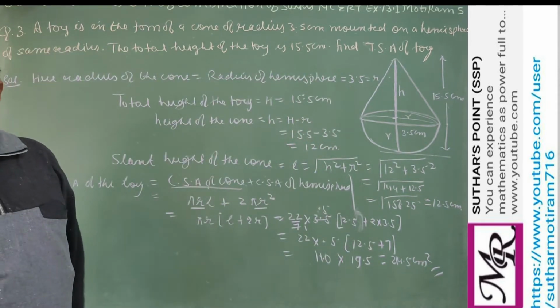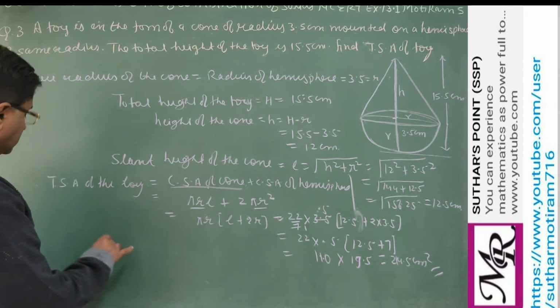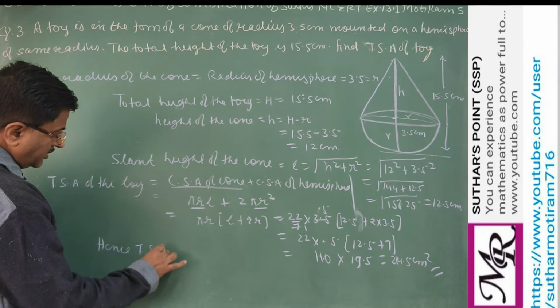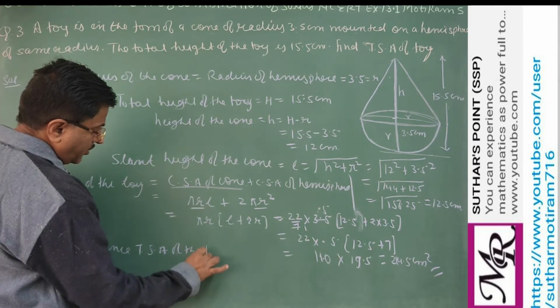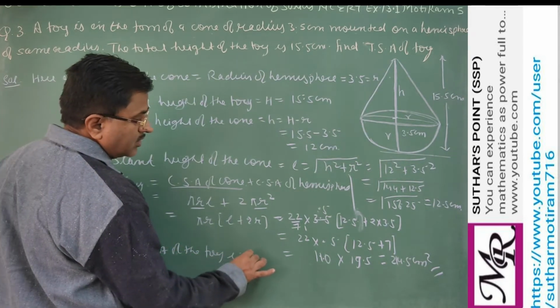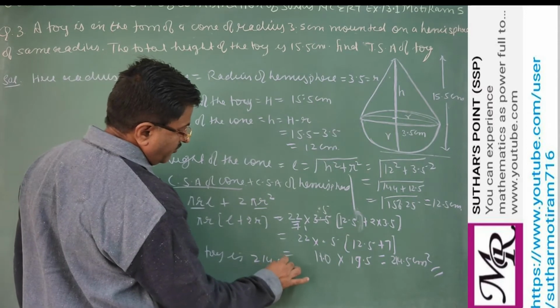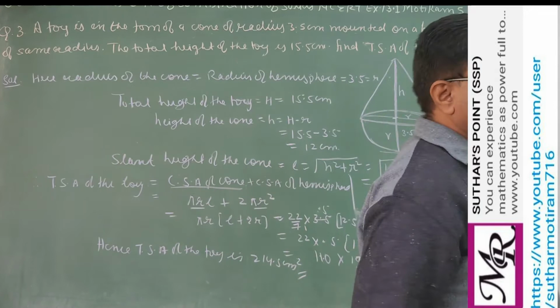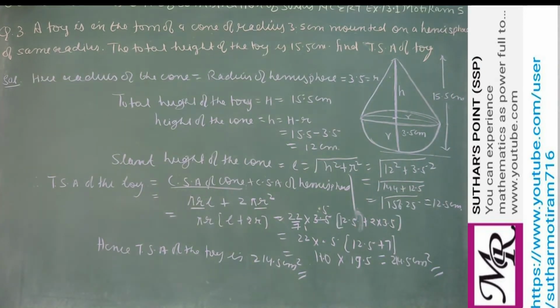Hence, therefore, the total surface area of the toy is 214.5 centimeter square. So dear student, in this way one can find the total surface area of the toy.